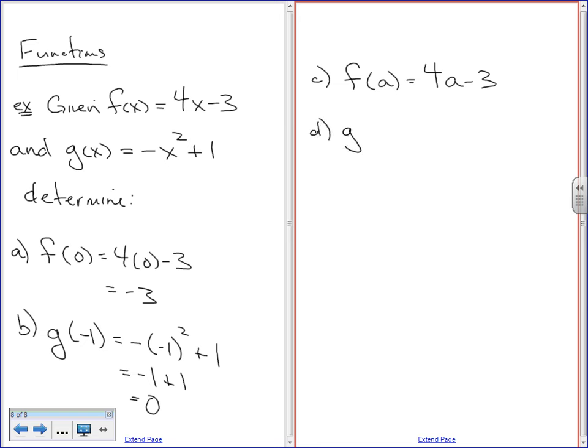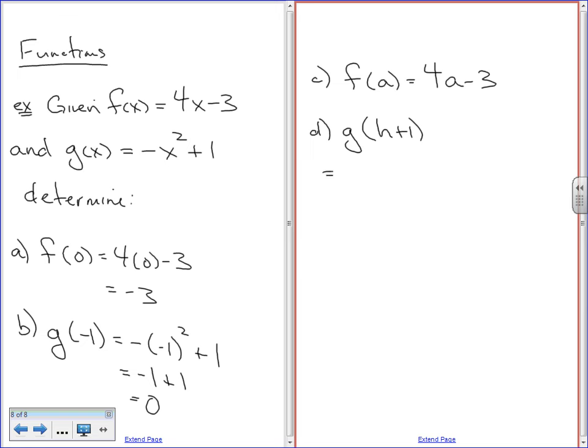So for example, I can put a binomial. Again, the g function, I want to figure out what the g function is when x is replaced with the binomial h plus 1. Okay.